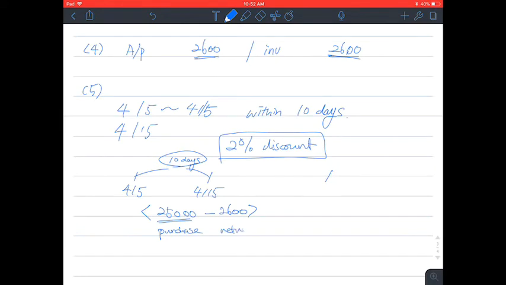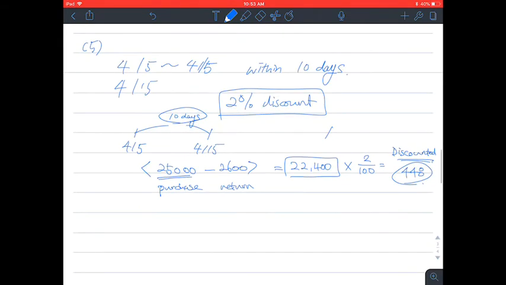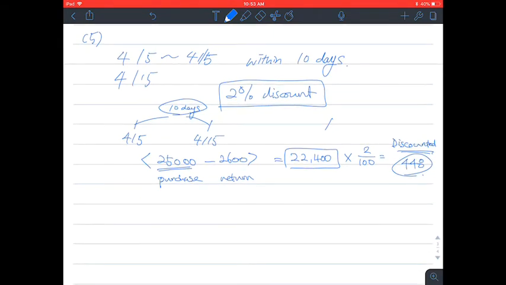So this is your return, and it will give us what? 400, and you have to multiply by 2 over 100 to get the amount that is discounted. So that will give us 448. Okay, so how to journalize this?